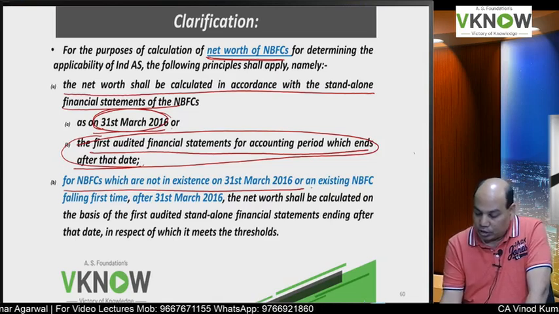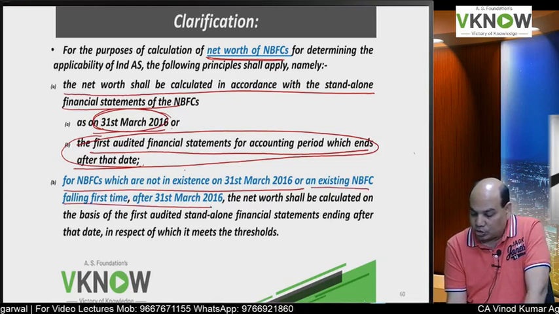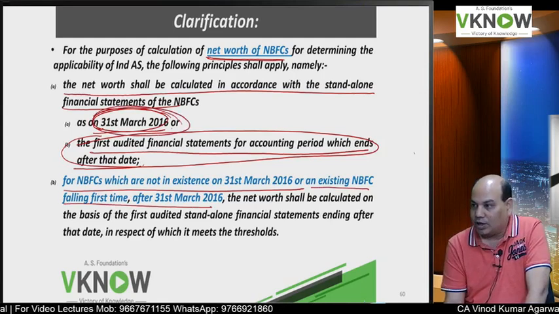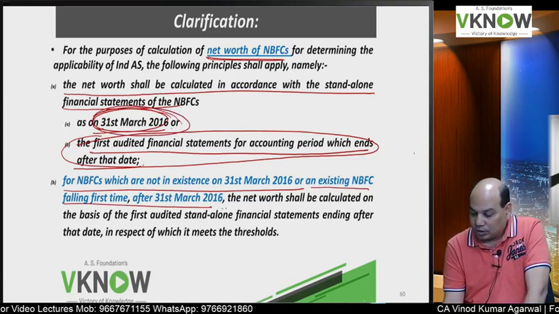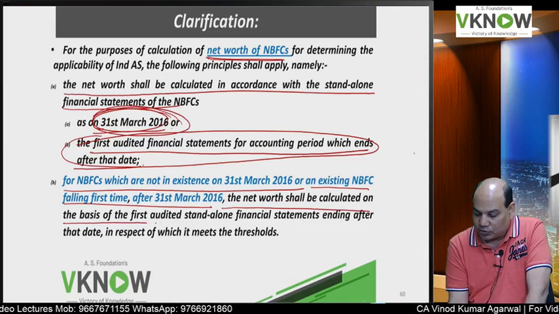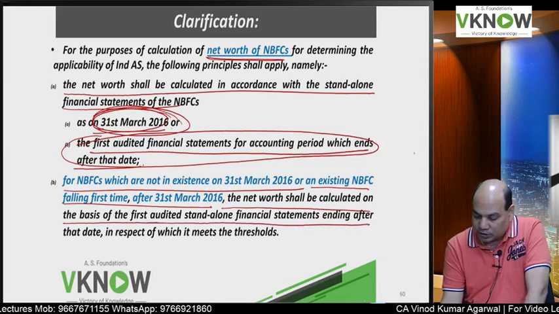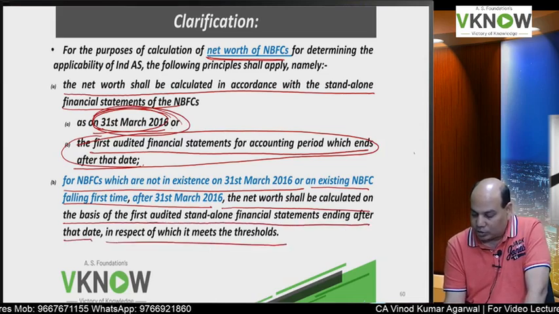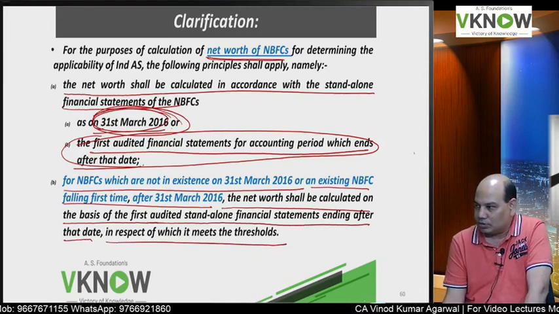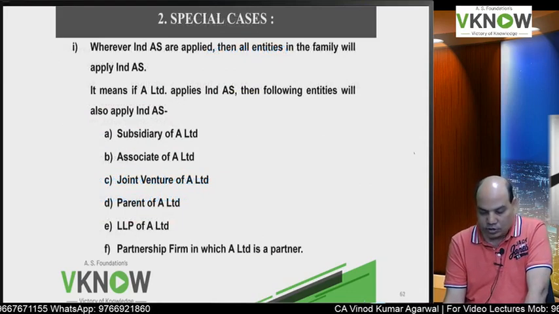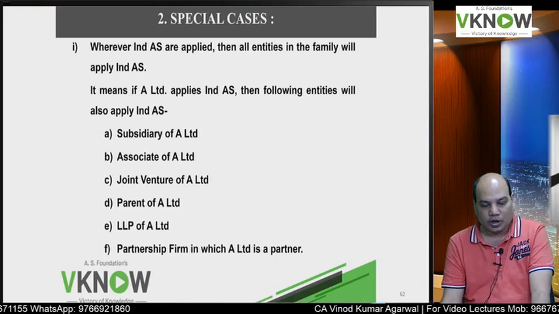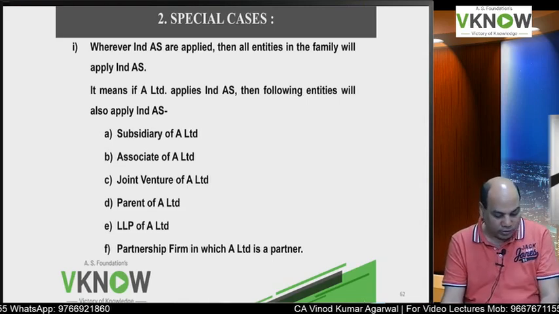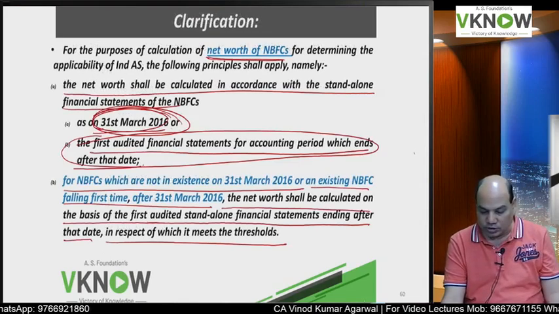Now what about an NBFC which was not in existence on 31st March 16, or an existing NBFC which was not fulfilling the net worth criteria here? The net worth will be calculated on the basis of the first audited financial statement ending after that date in respect of which it meets the threshold now. So this is about NBFC. For NBFC the net worth date is 31st March 16.